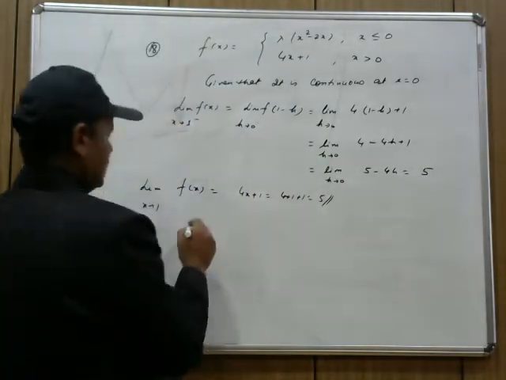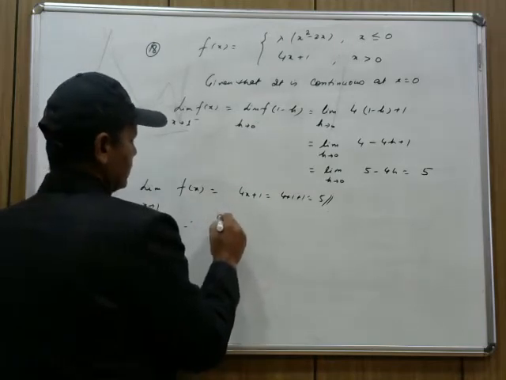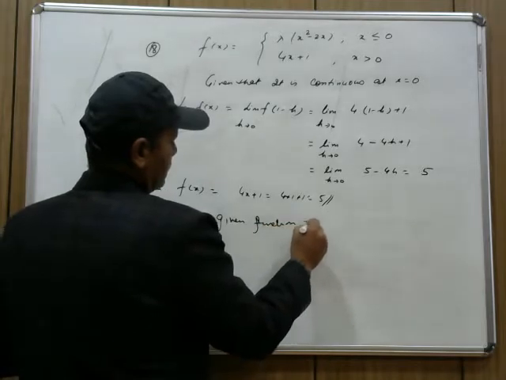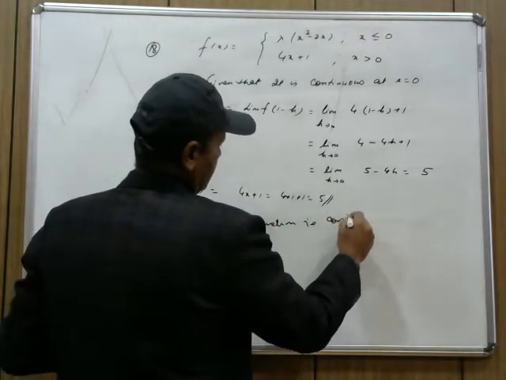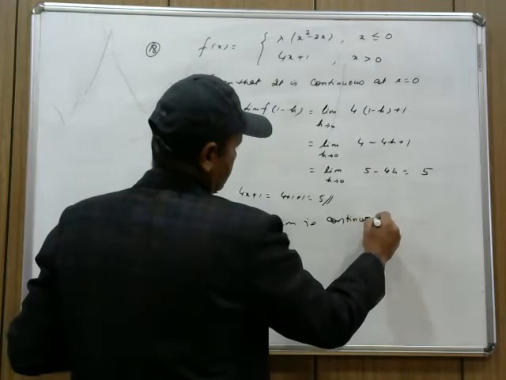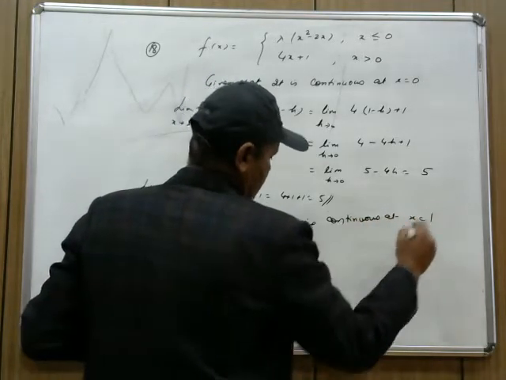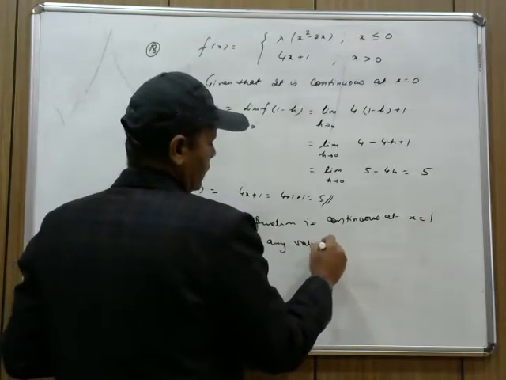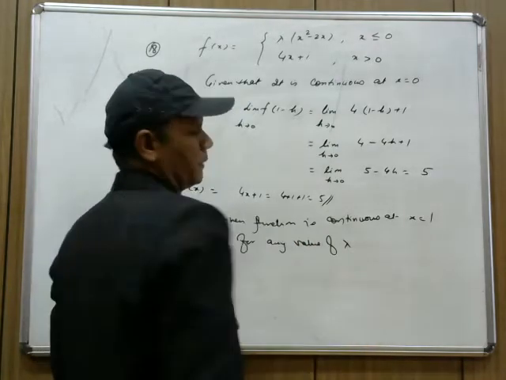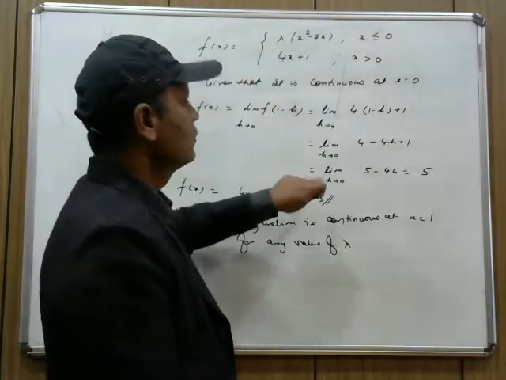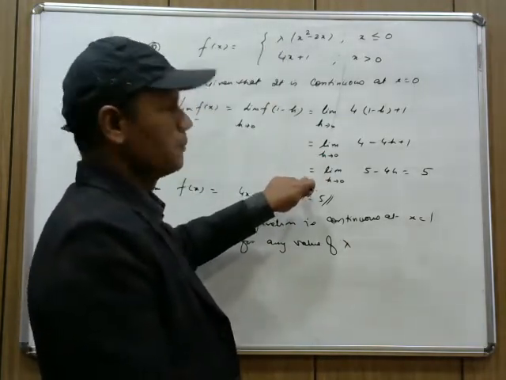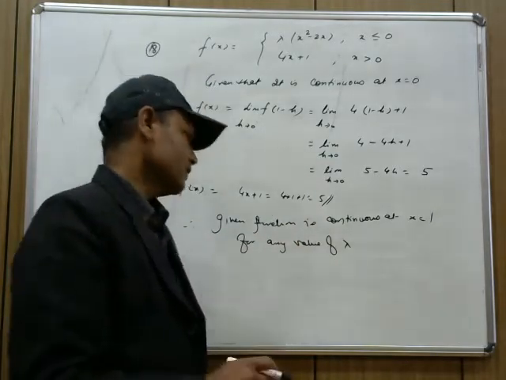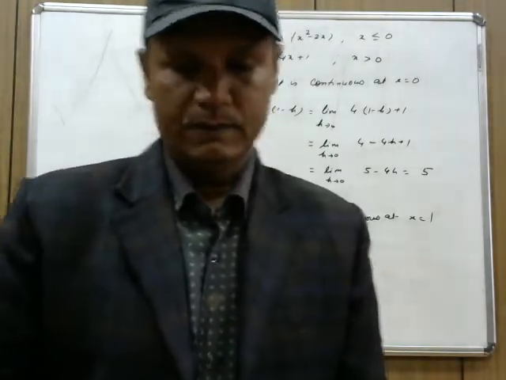That's why, therefore, the given function is continuous at x is equal to 1 for any value of lambda, whatever the lambda may be, but this is not going to impact this part of the given function. That's why the given function is continuous at x equal to 1 for any value of lambda.